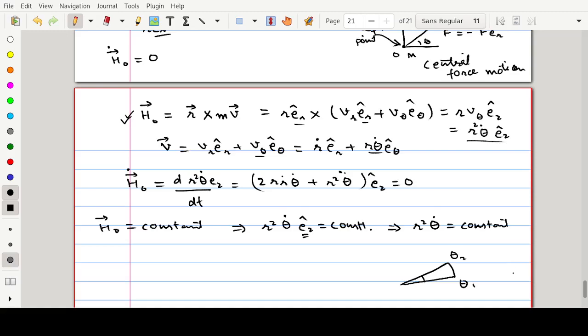If you have not, then don't worry about that. Anyway, for central force motion, R squared theta dot is a constant.